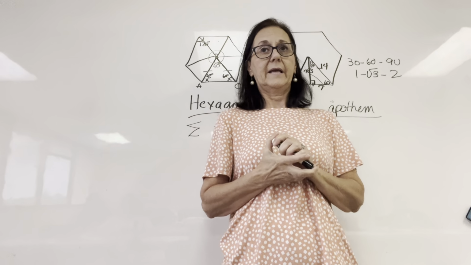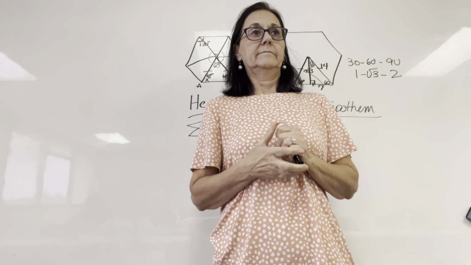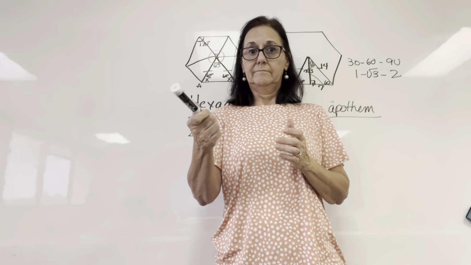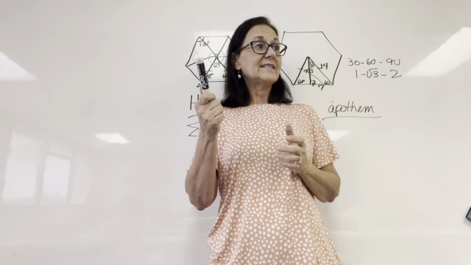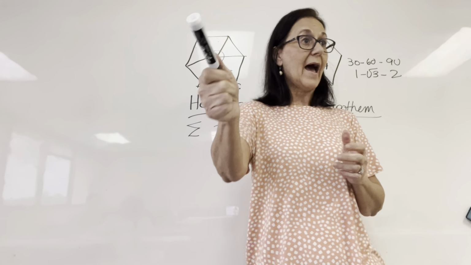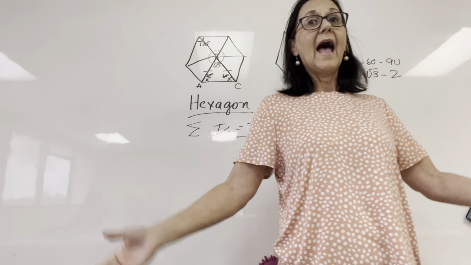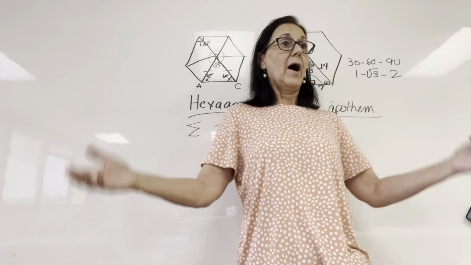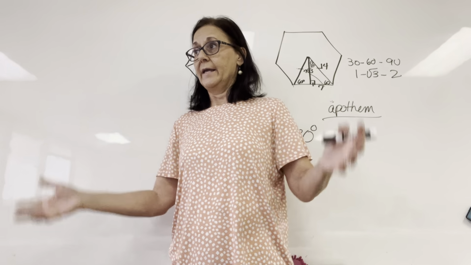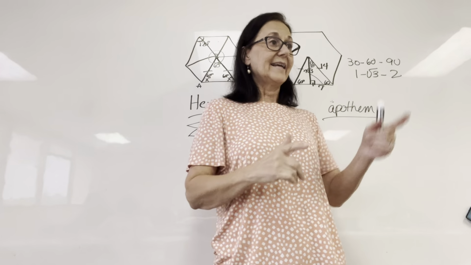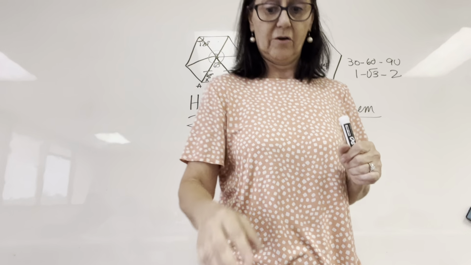What does cyclic mean? The vertices lie on the circle. Correct. There is a circle that I can circumscribe about it such that every vertex would lie on that circle. So if I have a regular polygon, which means equilateral, equiangular, then I can graph a circle about it.